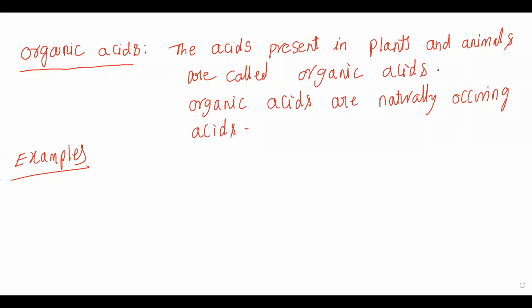What are organic acids? The acids present in plants and animals are called organic acids. So naturally occurring acids are called organic acids. Let us find some organic acids.